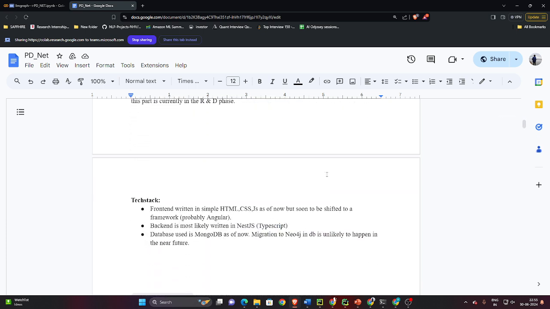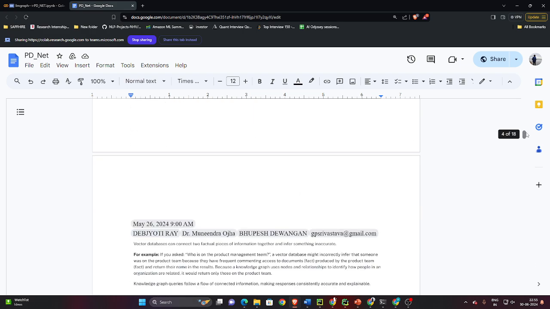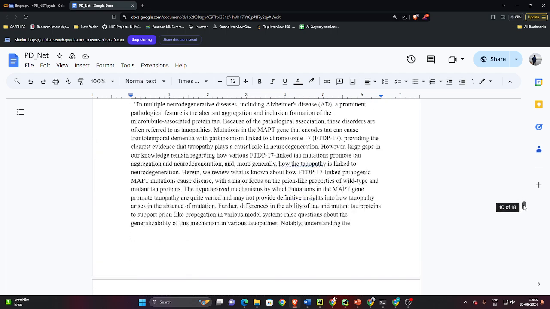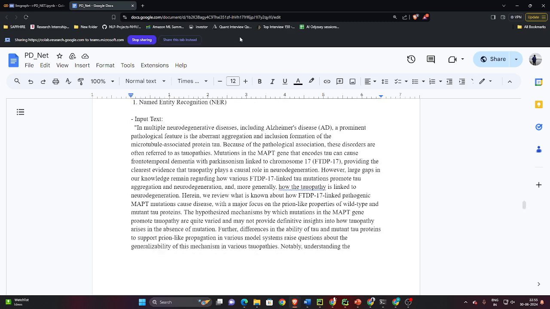I don't think it cannot work on a large language model like ChatGPT. Yeah, so I think it definitely could. I can get the input text with the keywords extracted from the large language model. Yeah, they know the domain knowledge of those things.